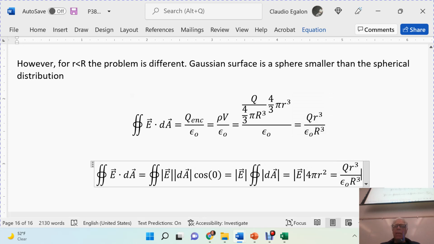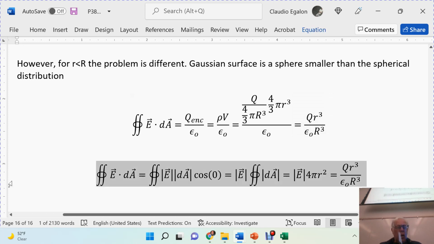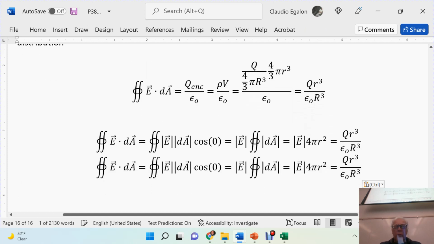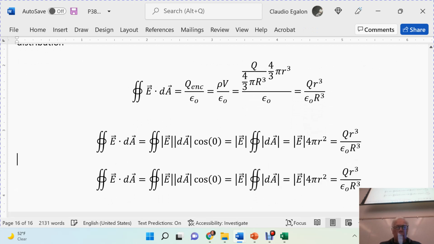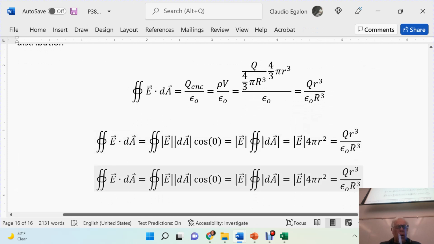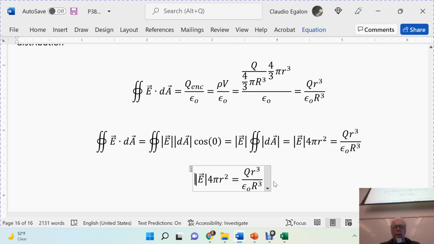E times 4 pi r squared. And now we can finish our electric field for a uniform volumetric distribution of electric charge.